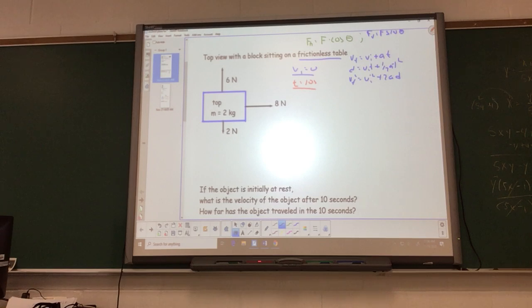If we take a look, we're pulling sideways 2 newtons, 6 newtons, and we're pulling to the right 8 newtons. We want to find the sum of the forces. So we need to add all these forces together. We have one going vertically upwards, one going vertically downwards, or if I'm looking at it from the top, left and right, whatever.